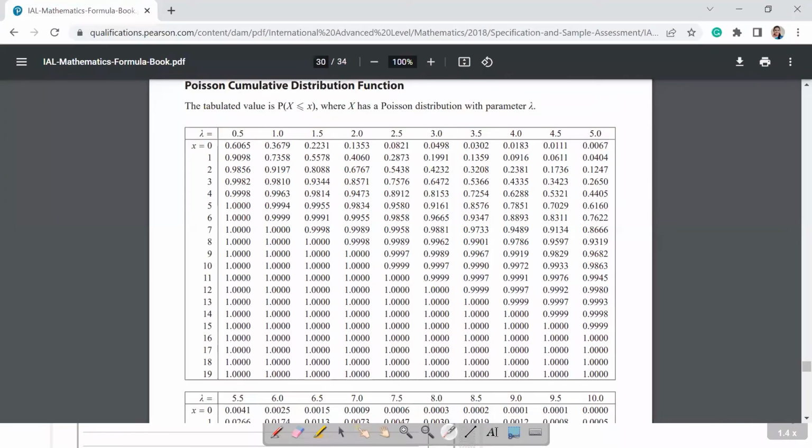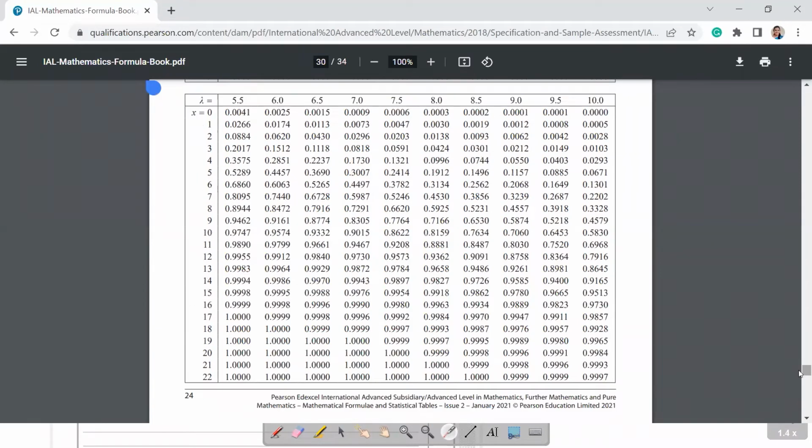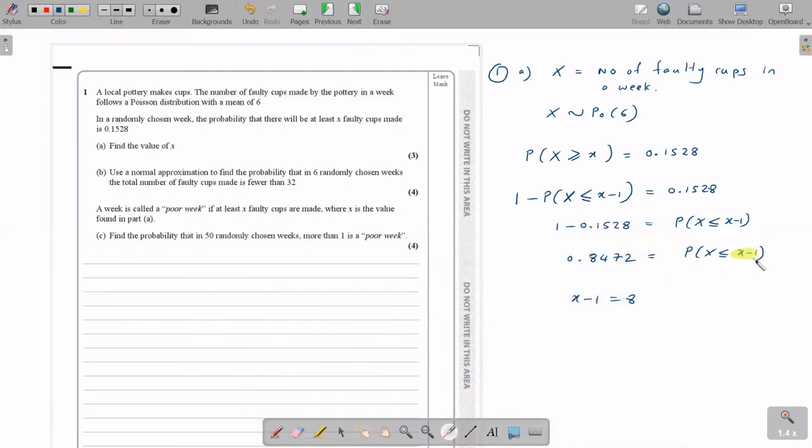The lambda value was 6, right? Yeah, so this is it. Here the lambda value is 6 and 0.8472. So as you can see, 0.8472 is for the X value 8. However, in our case, the X value is actually x minus 1, which means x becomes equal to 9.